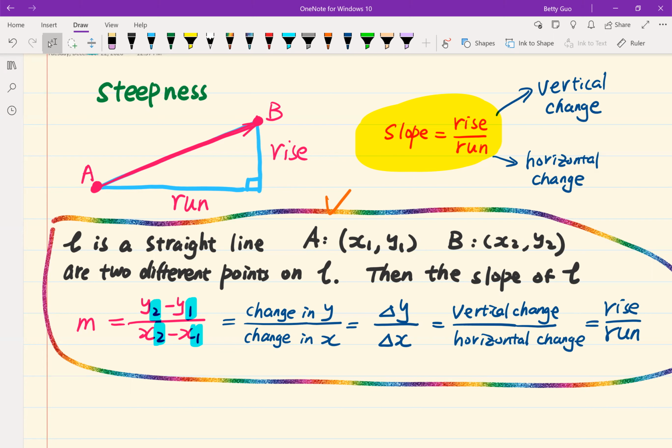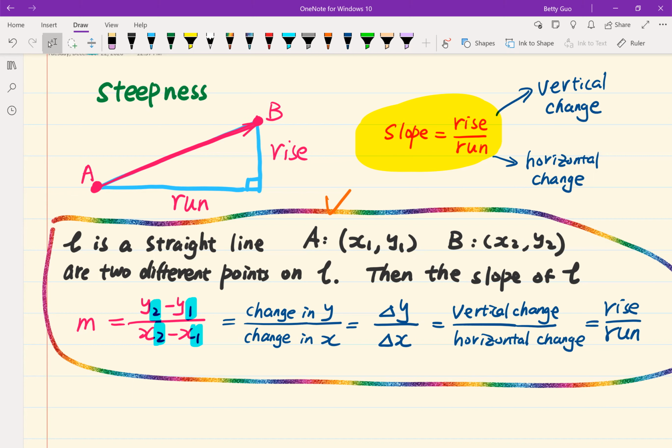Yeah, give me 1 second. I'm gonna write the formula on the board. So let's say we have a straight line L, okay? A, x1 comma y1, and B, x2 comma y2, are two different points on the line. Then the slope, we use m to be the slope.